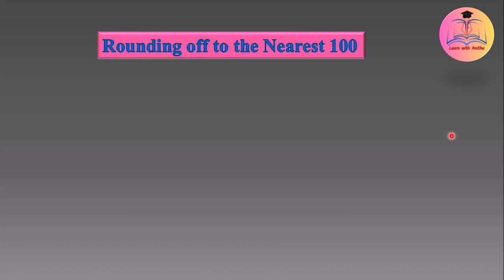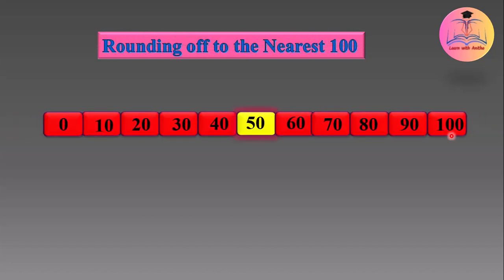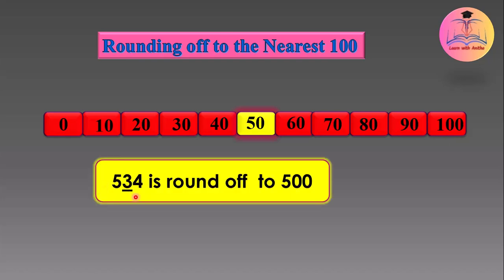We'll see the example here. Rounding off to the nearest 100. We have the scale here. 534 is rounded off to 100. So for 34, you have to check the tens column, where 3 is written, then the ones column, where 4 is written. So the number is 34. Where is 34? 34 is between 30 and 40.